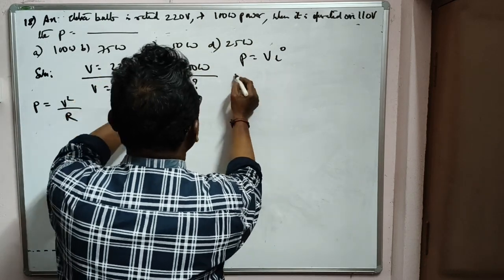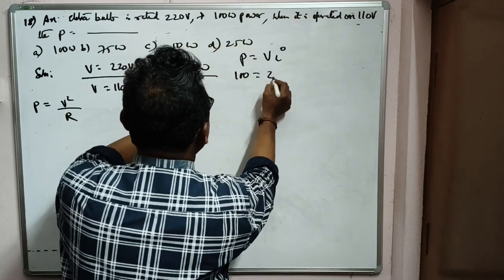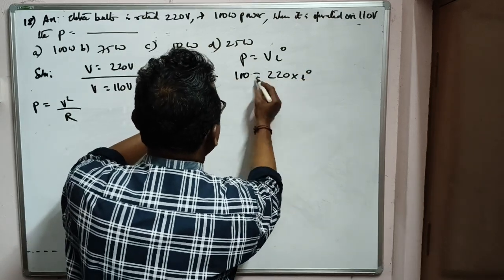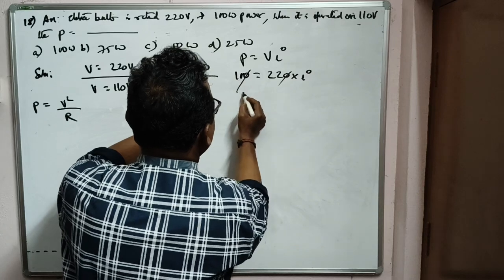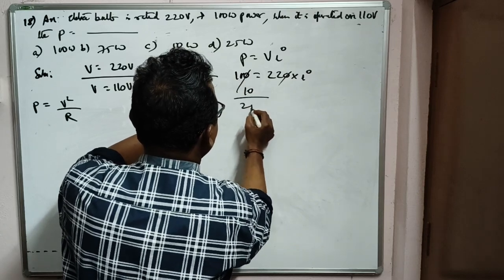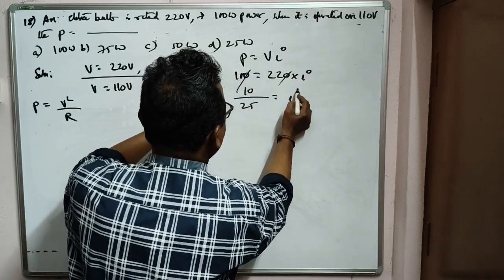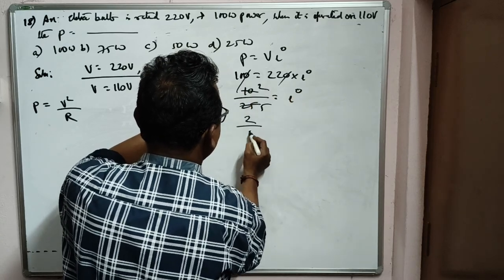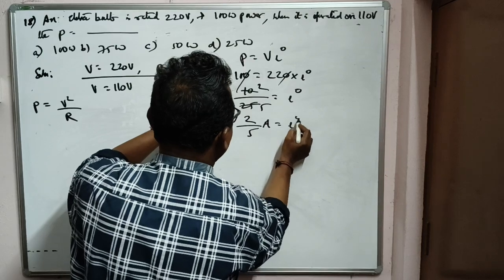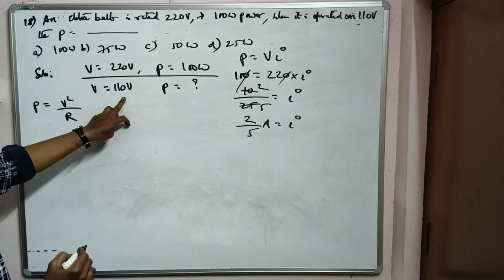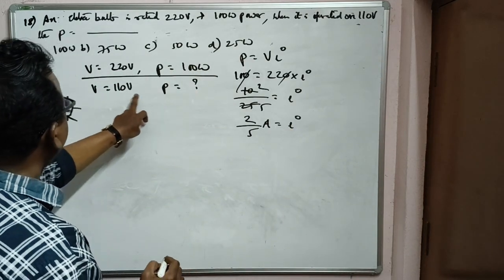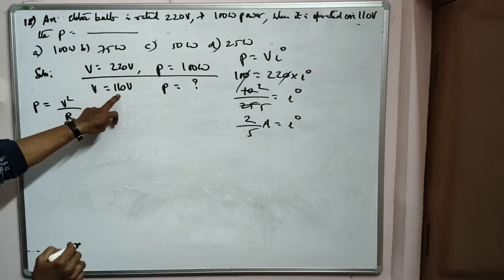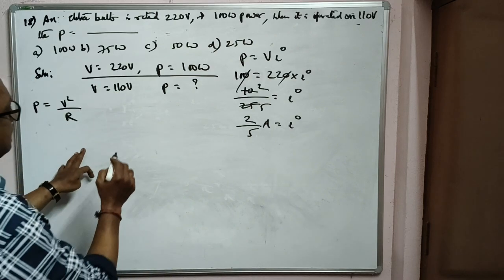Power is equal to VI. That means 100 is equal to 220 into I, that is 10 by 22 is equal to I. 5 2s are 10, 5 11s are 55, that is 2 by 5 amperes is equal to current. Now he is asking what is the power when the voltage is 110.